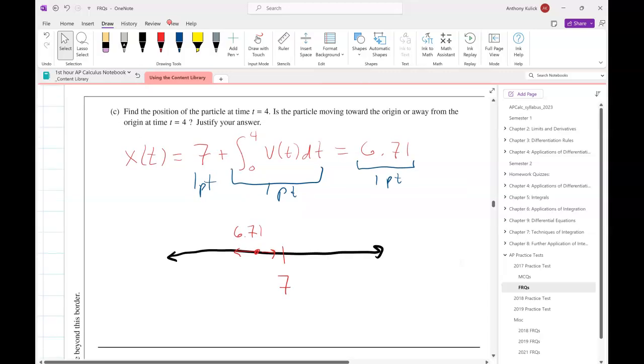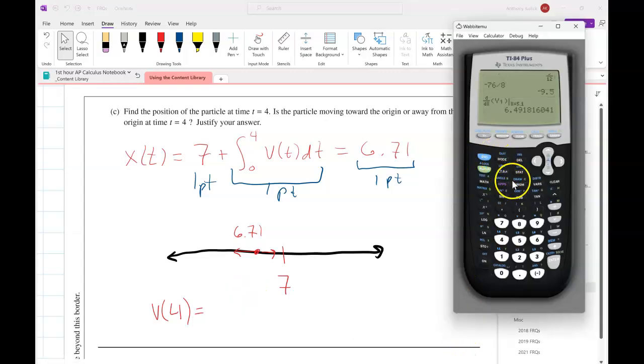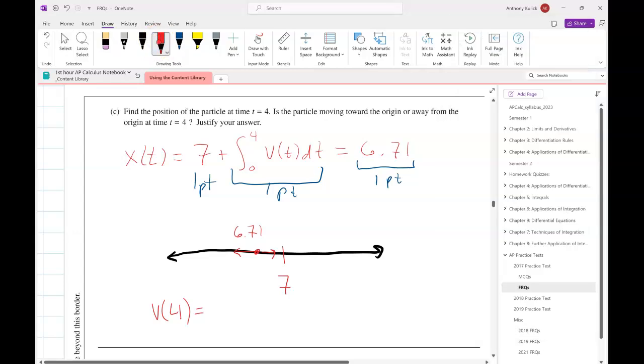So I'm going to now check v of 4. On my calculator, I have my velocity function in y1, so I'm just doing y1 of 4. Give me a decimal. Well, it doesn't really matter. All I care about is that that's a positive number, right? So what's my conclusion?